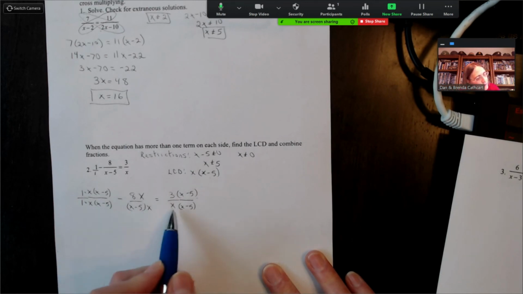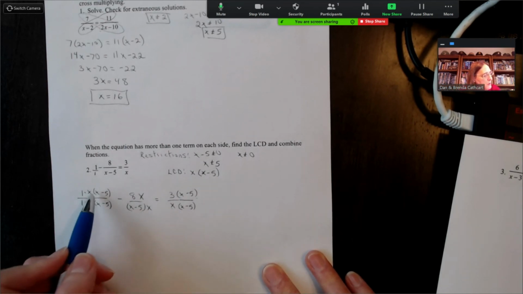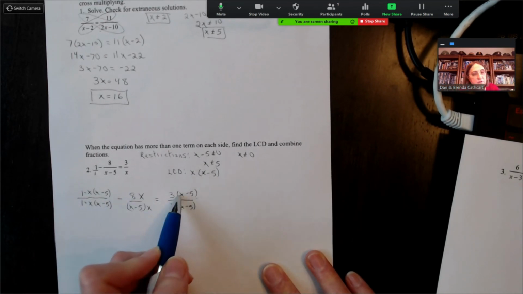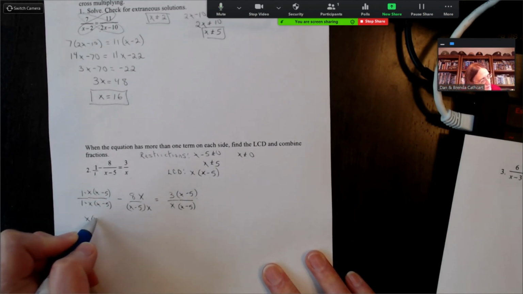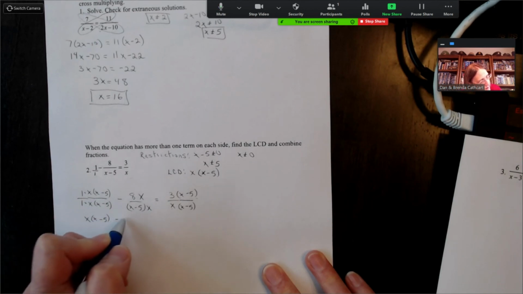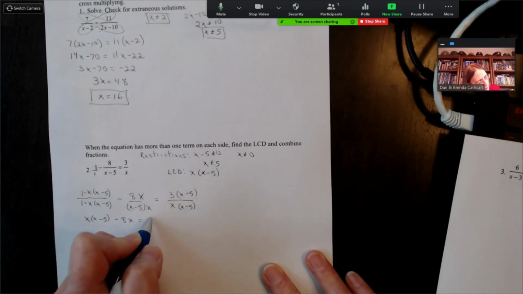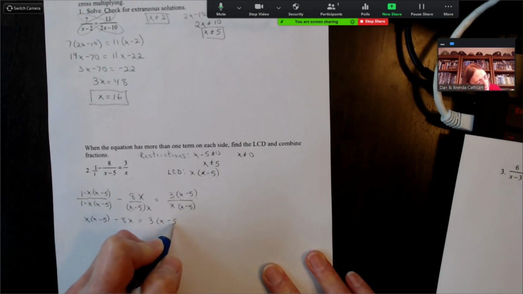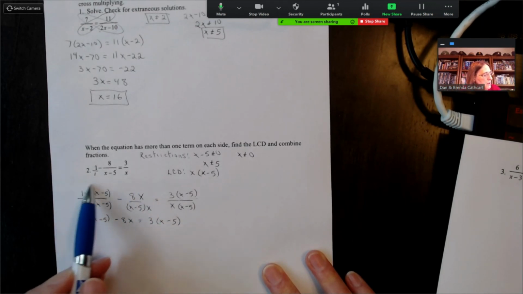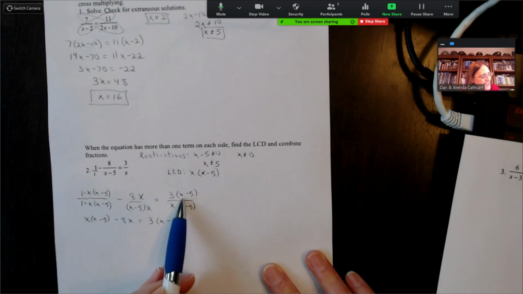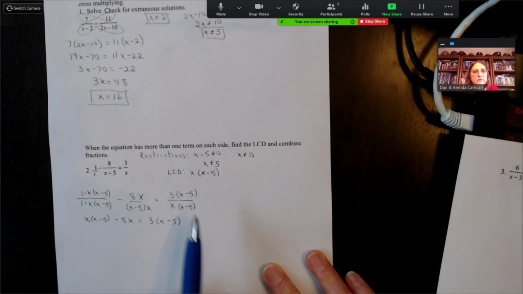The denominators already match, so all we need to do is make sure that our numerators match. So I need x times x minus 5 minus 8x to equal 3 times x minus 5. Making sure that when I subtract my numerators on the left, it's the same as the numerator on the right.